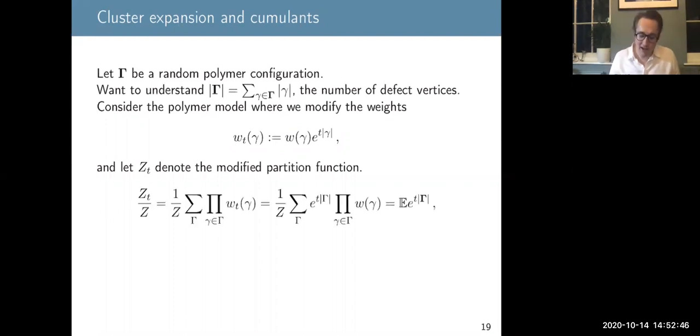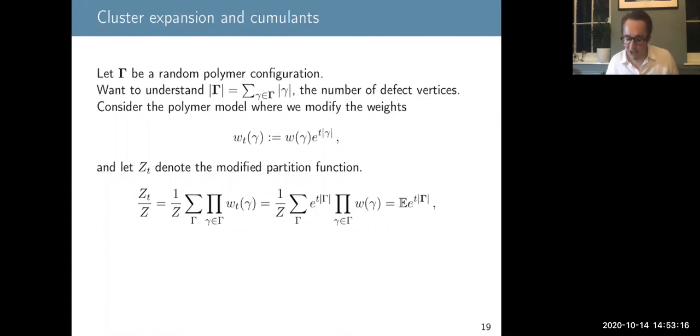So what does that look like? Z_t is just the sum over all compatible polymers times the product of their weights. That's the definition of this new partition function, and I want to compare this to Z. If you just write out the definition, what we get is the sum over all compatible polymers, e to the t times the size of this whole collection, times the product of the old weights.